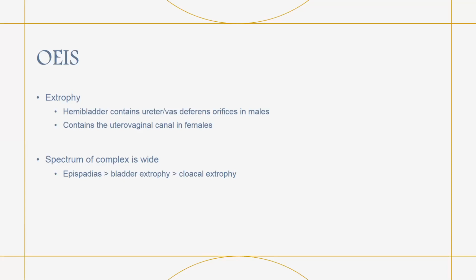Depending on the level of the defect can depend on how complex the case is. It can be on the more simple side involving an epispadias. It can be bladder extrophy that's somewhat isolated, or it can be the entirety of cloacal extrophy, which was the case in our patient.